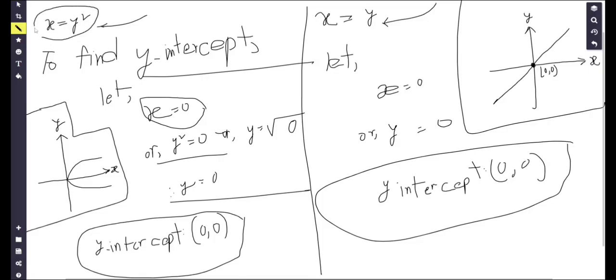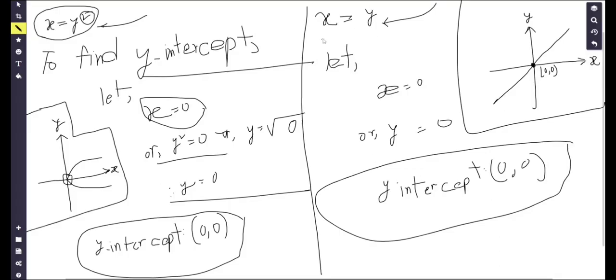Why is it here? x is equal to y square. Here we also find a repeated root. And for this repeated root, the curve of this graph touches the y-axis again at the 0, 0 point but never crosses it. It touches this point and then reflects up, reflects right, but never crosses.